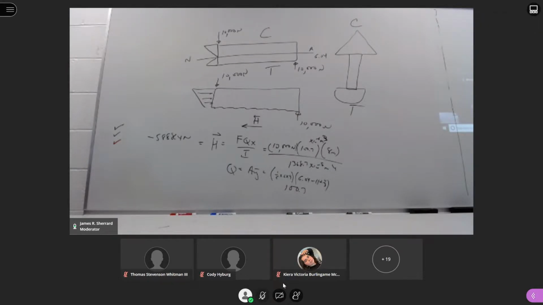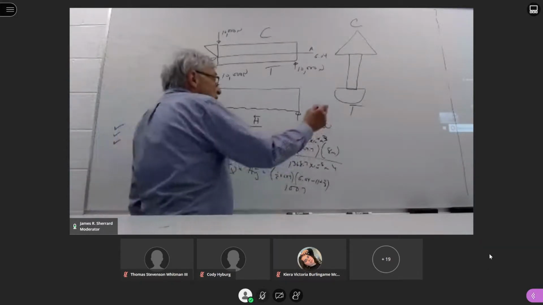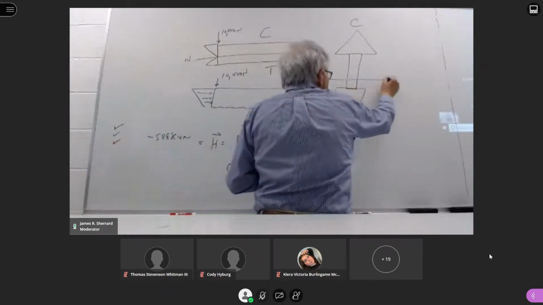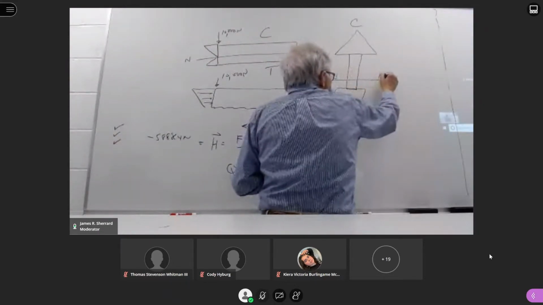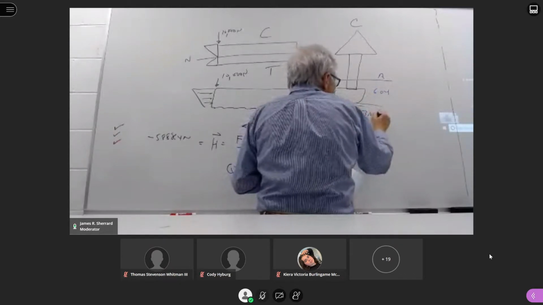And what I've done in the meantime is I've sketched our original cross section. Actually, I should have labeled here the neutral axis, 6.04. This is our baseline.